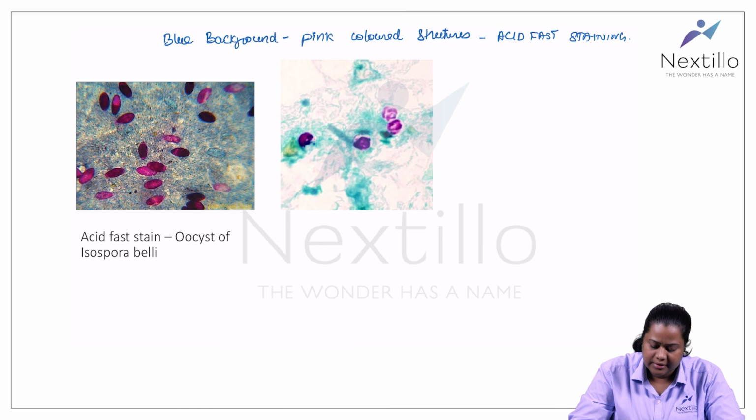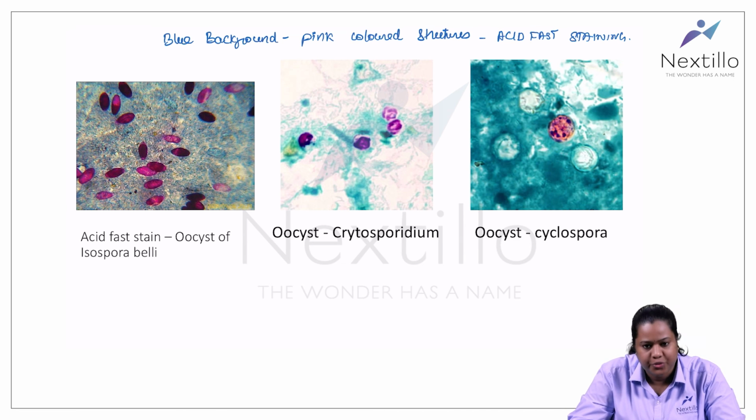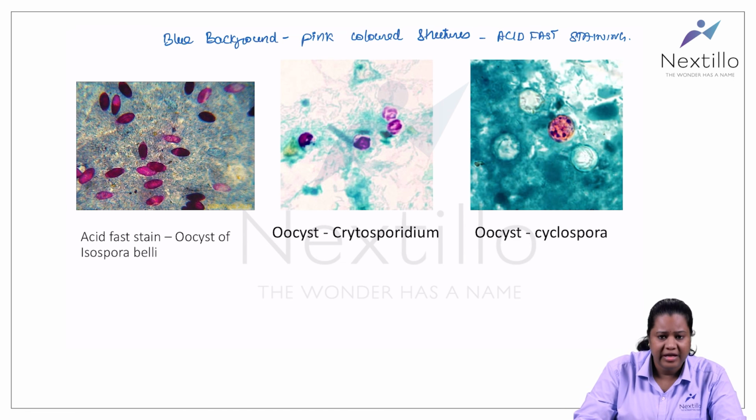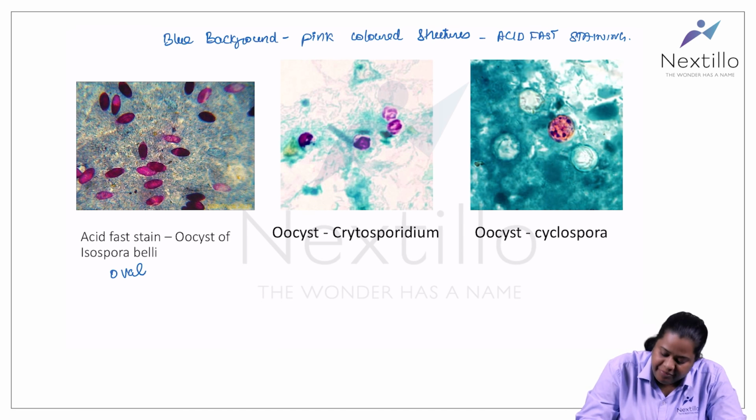What I'm seeing here is the oocyst of Cryptosporidium. What I'm seeing here is the oocyst of Cyclospora. What is very important is you have to remember the shape and the size. Isospora is oval in shape.